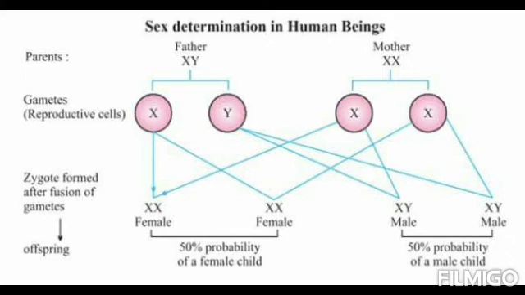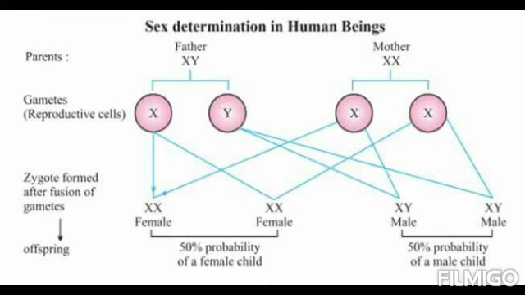When the sperms are formed, two types of sperm form: one will have the X chromosome and the other will have the Y. On the mother's side, the eggs will all carry X, because females have a perfect pair of chromosomes, XX. These eggs are the reproductive cells, or gametes, of a female. Here only one type of egg forms, that is X.